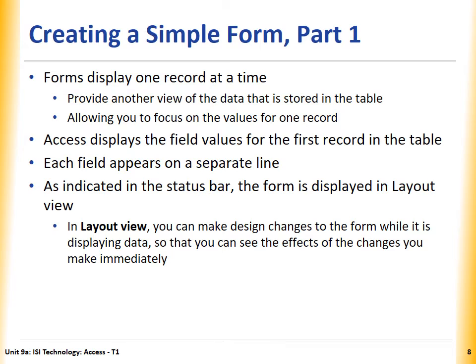The form is displayed in layout view. In layout view, you can make design changes to the form while it is displaying data so that you can see the effect of the changes you make immediately. So I know this is a lot of talking, but it's simple when we do it in Access. You're going to see this in later slides or videos.